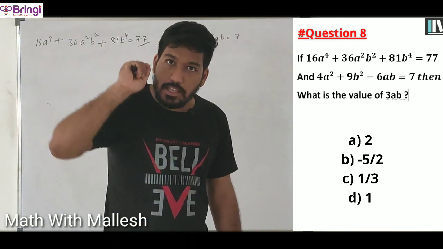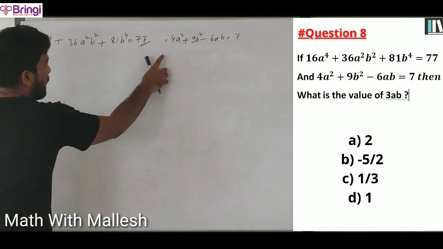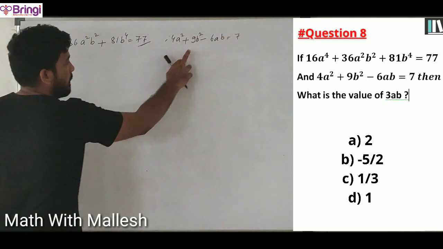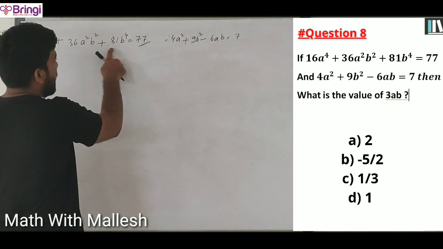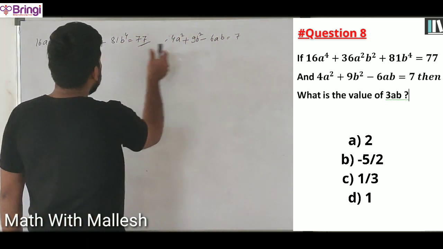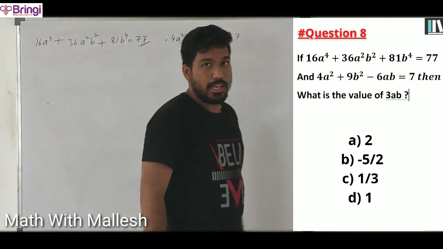So listen very carefully. Here see 16a power 4 and this is 4a square. This square is this one, and 9b square and 81b power 4, this square is this one, and 6ab and 36a square b square. So 6ab square is 36a square b square.